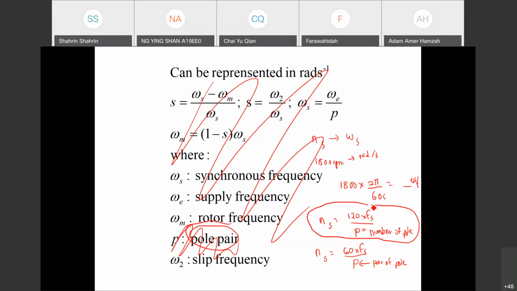But I want to let you know that if you face books with 60, this P is not the number of poles, but the pair of poles. In our syllabus, I think we only use the first one, so please use that one.